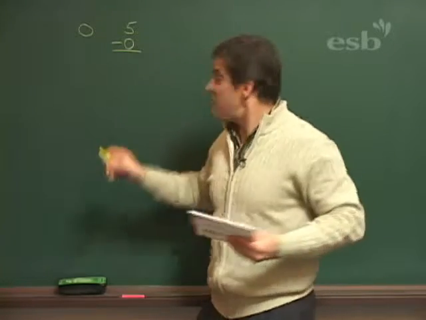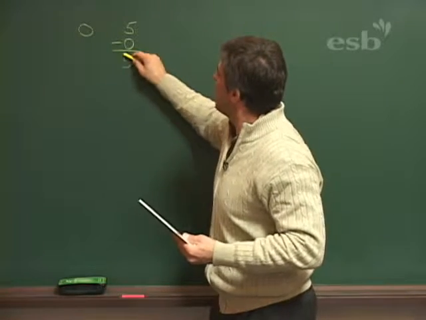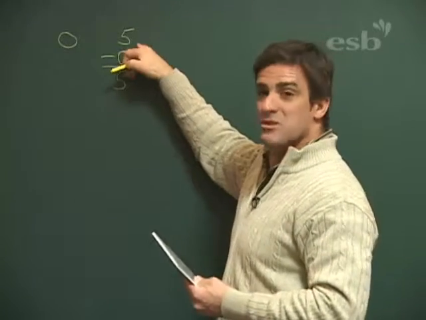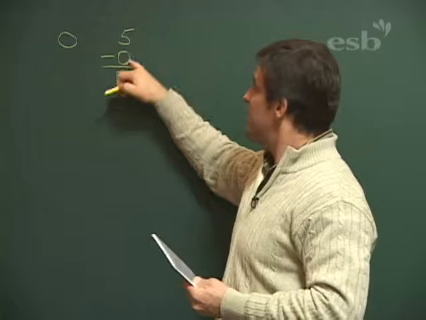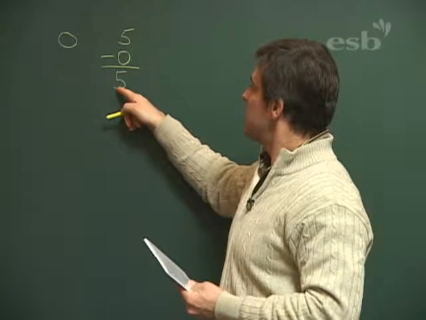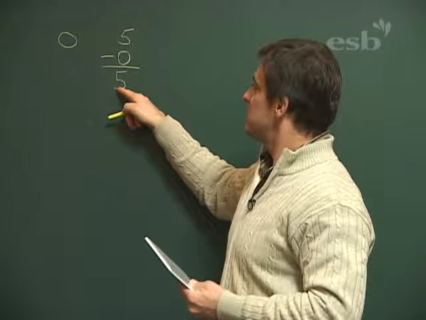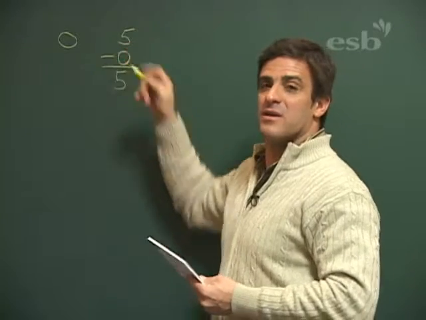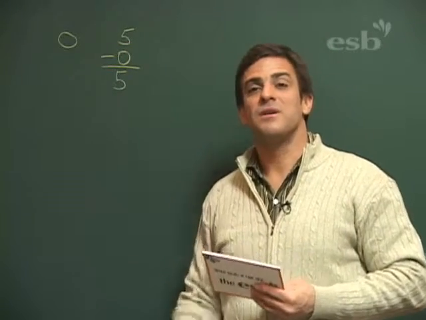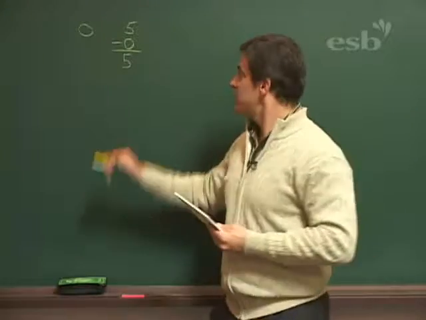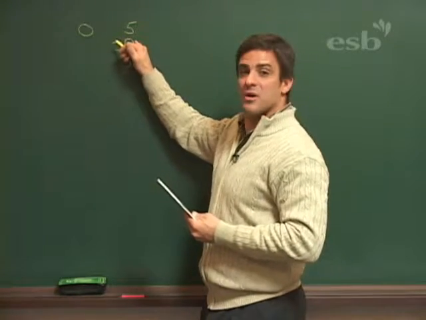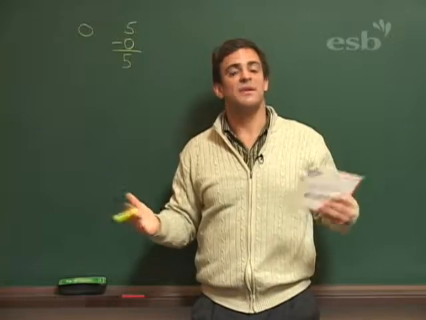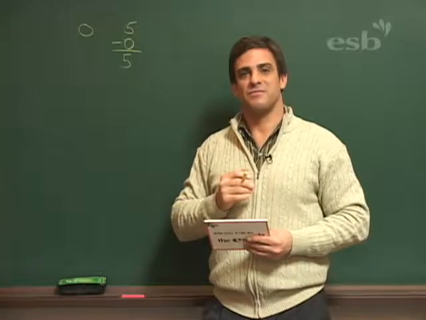The answer is still 5. You have the same amount as what you started with. When you subtract 0, you subtract nothing. 5 plus 0 equals 5. 5 minus 0 equals 5.